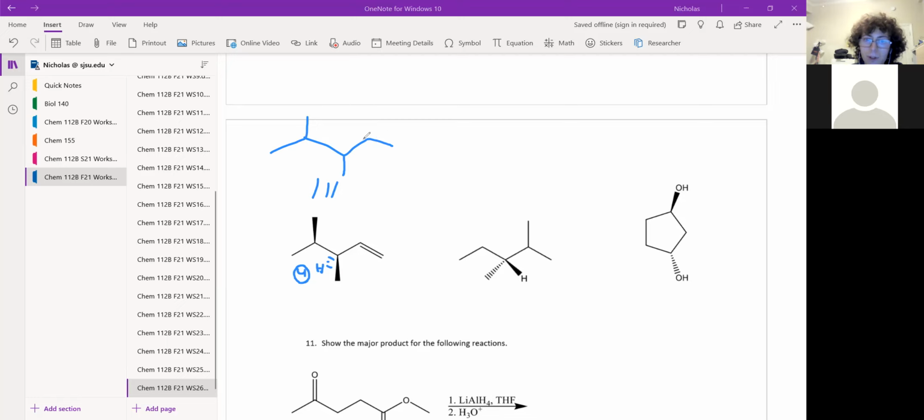Draw out everything, as you can kind of interpret it from the rules. If you have a double bond, that means there are 2 carbons attached here, and then there's another carbon up here. Then you can cross out things that are in common.